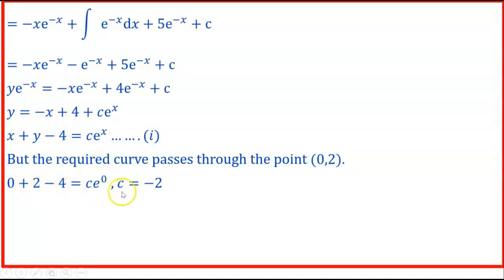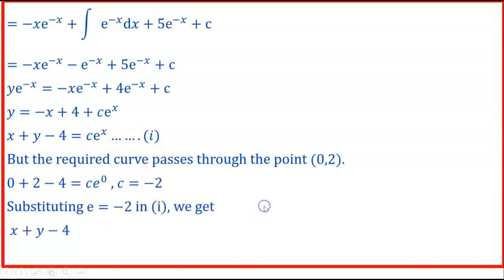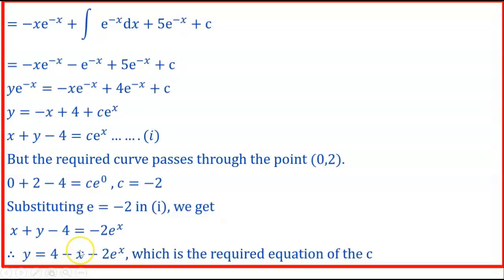After simplification, you will have c is equal to minus 2. Substituting c is equal to minus 2 here, you will have the equation x plus y minus 4 is equal to minus 2 into e raised to x. Therefore, you will have y is equal to 4 minus x minus 2 e raised to x, which is the required equation of the curve.